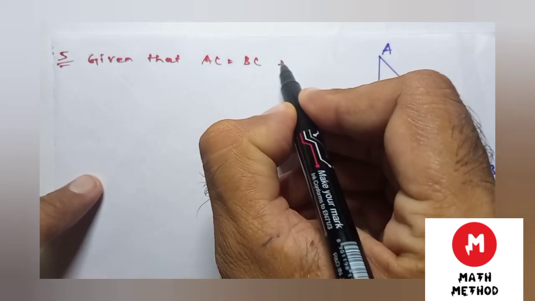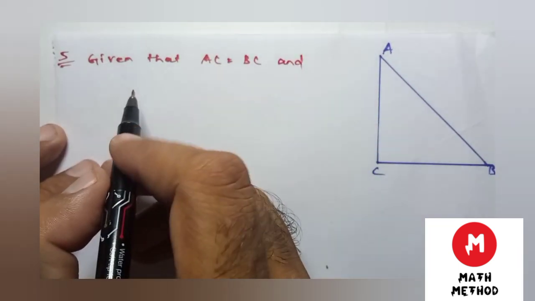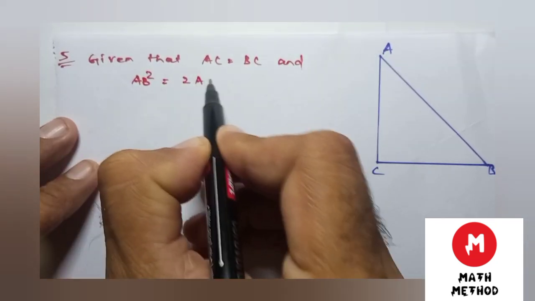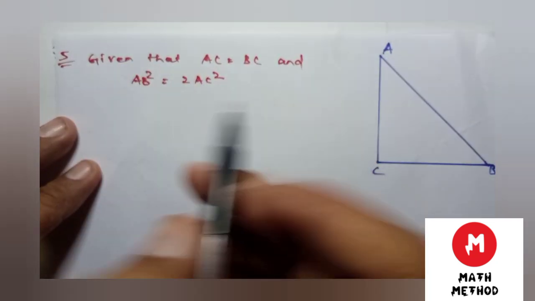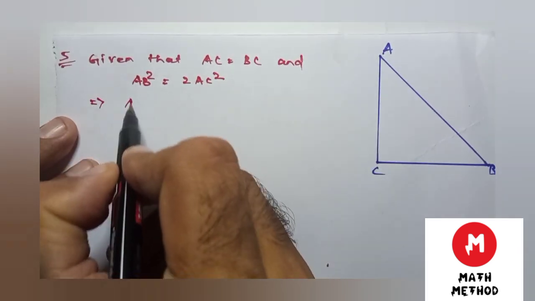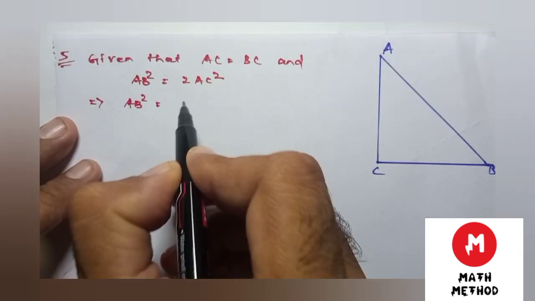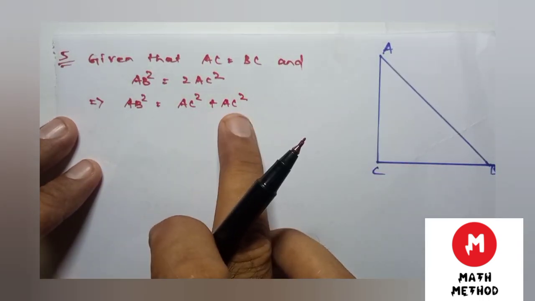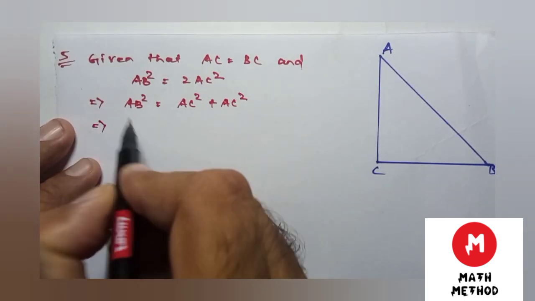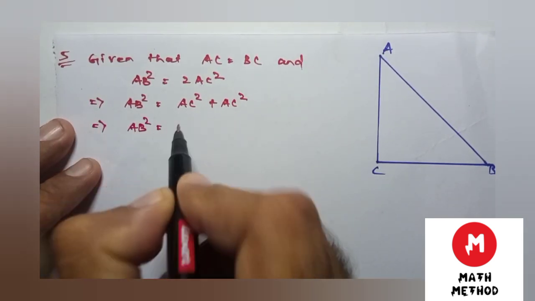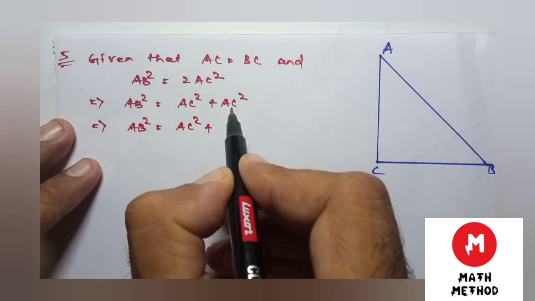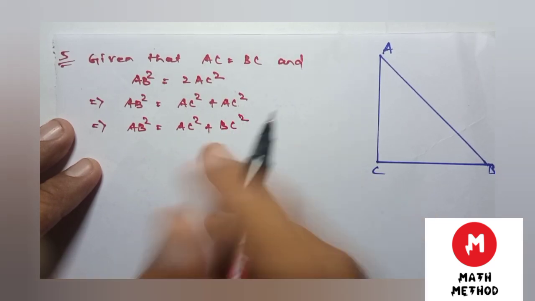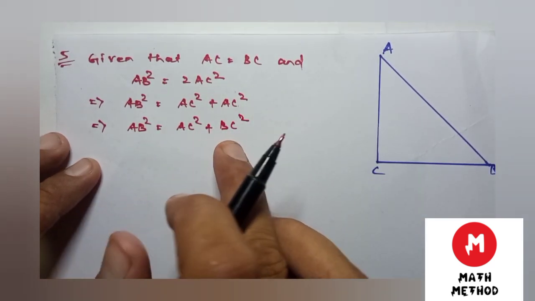And AB square is equal to 2AC square, which means AC square plus AC square. Now AC is equal to BC, so AB square is equal to AC square plus, in place of AC we can write BC, so BC square. This is our Pythagoras theorem.